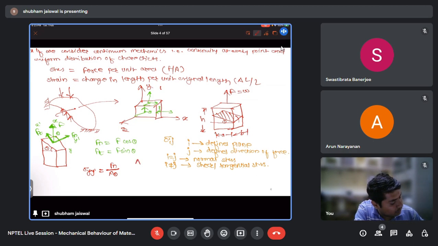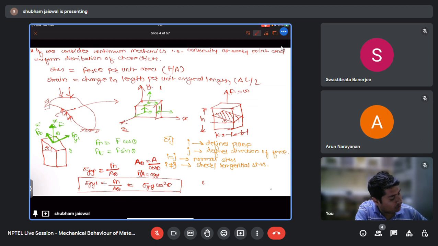Let's assume its original area is A and its direction is cos theta. So Fn by A theta comes out to be sigma yy, because F by A is equal to sigma yy, cos square theta.